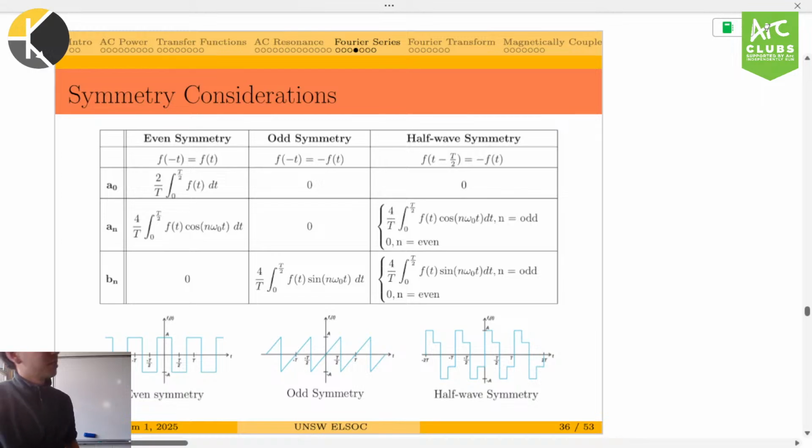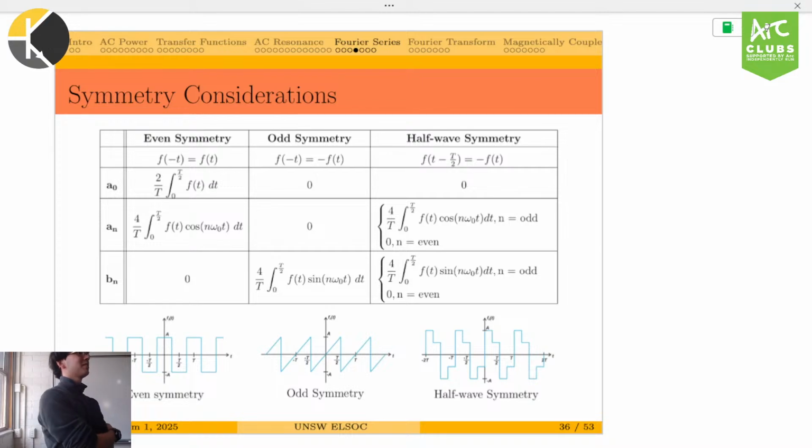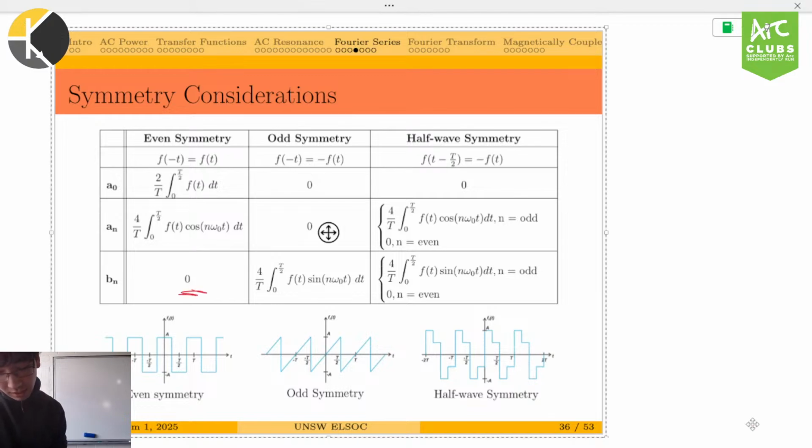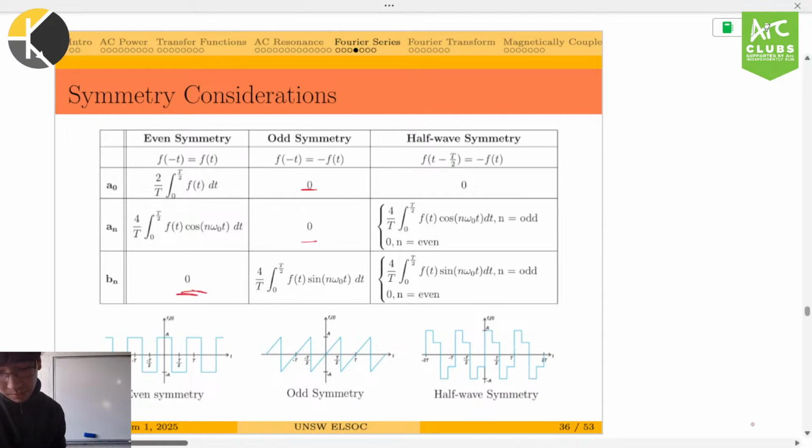So that brings us to symmetry considerations. This is probably the part that I want to emphasize the most in Fourier series. If you see from the table, a lot of these coefficients end up being 0 depending on the symmetry we have. This will save you a lot of time in the exam if you stop, take a moment to look at the symmetry of your signal and think, does my signal apply to being odd, even, or half-wave symmetry?